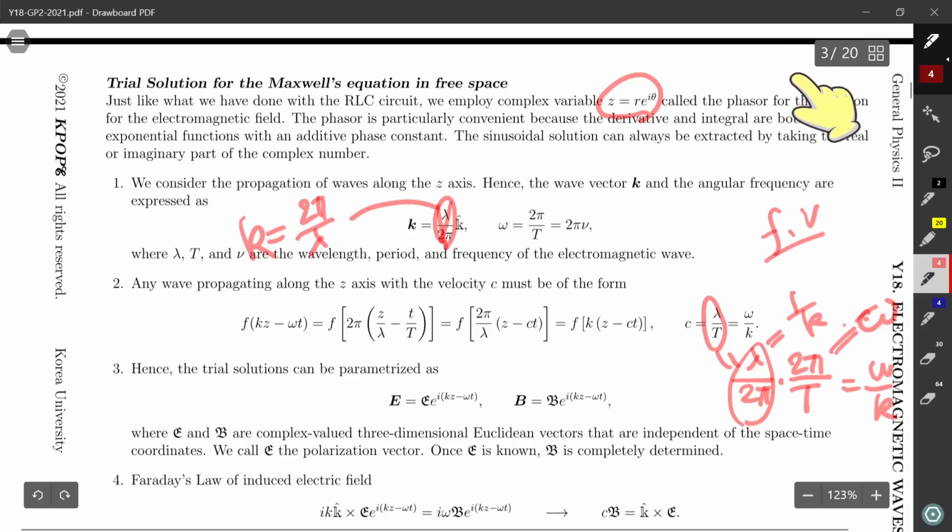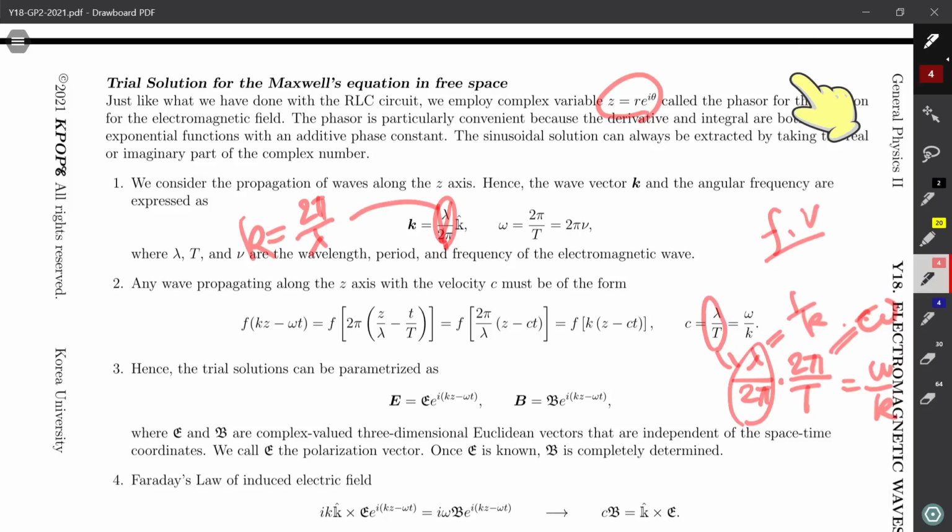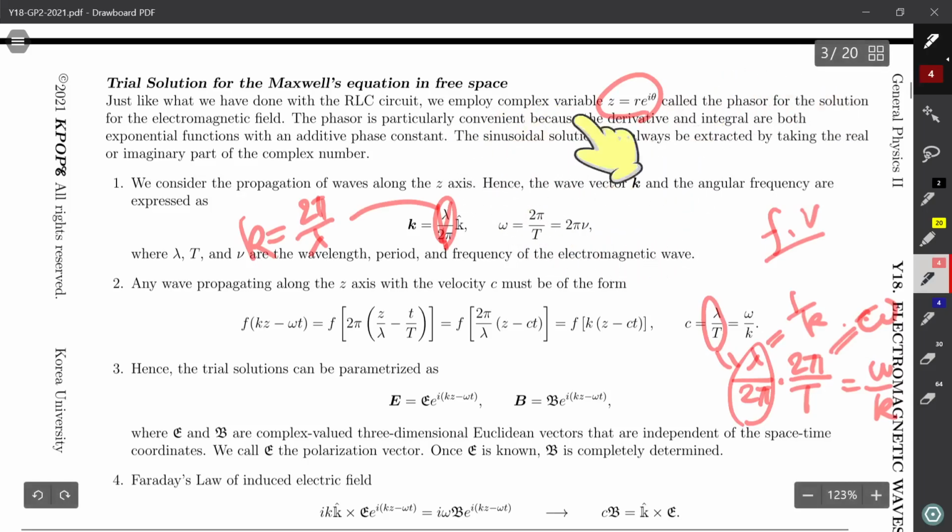And for convenience, we use the exponential function. To consider a sinusoidal solution, it is good to extend to the complex form: a sum over amplitude multiplied by exponential i times something. Here, the exponent is kz minus omega t.